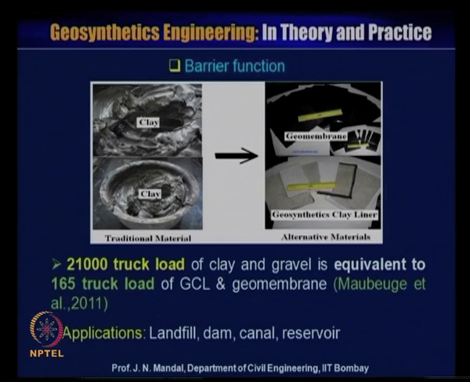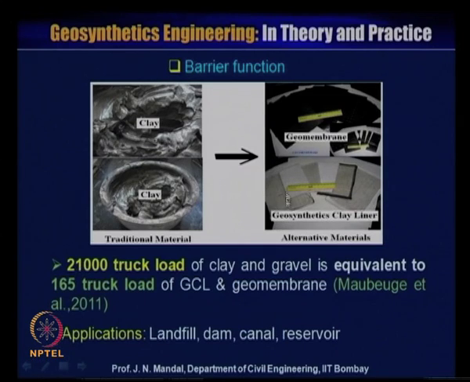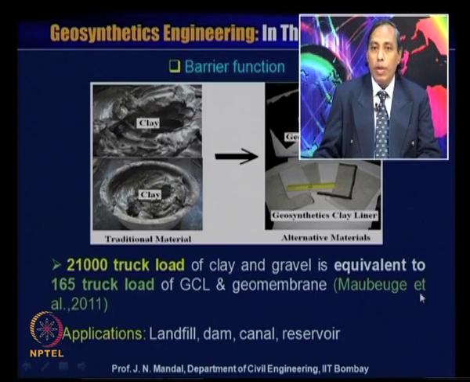You can see here, 21,000 truck loads of clay and gravel is equivalent to only 165 truck loads of geosynthetic clay liner and geomembrane. This is from Mahbubage et al., 2011.